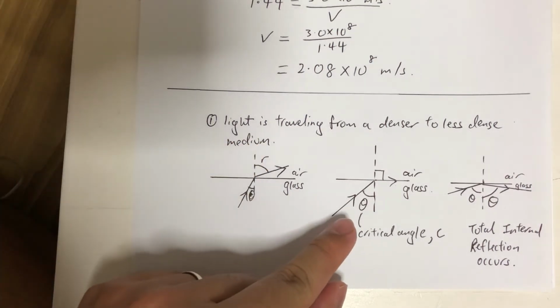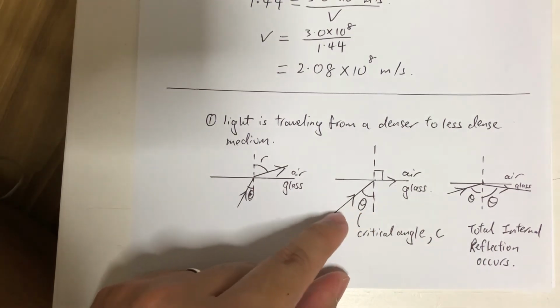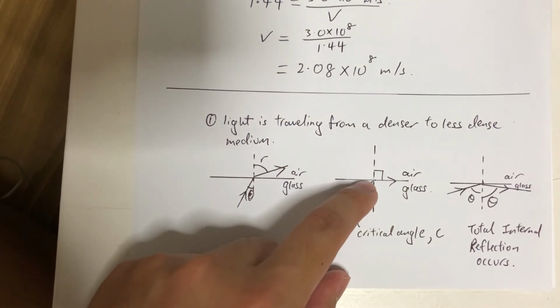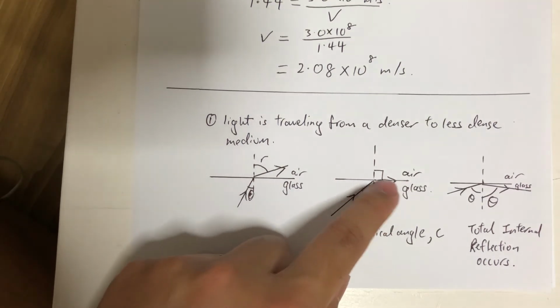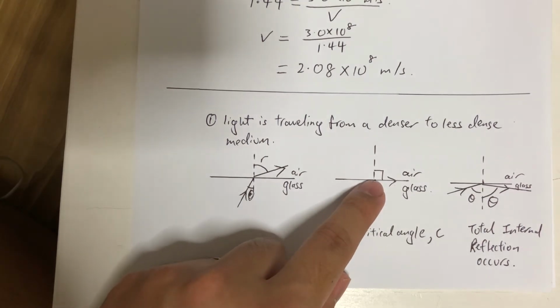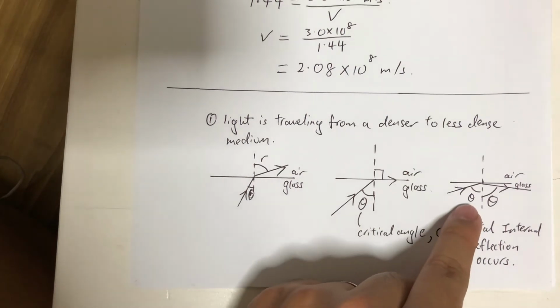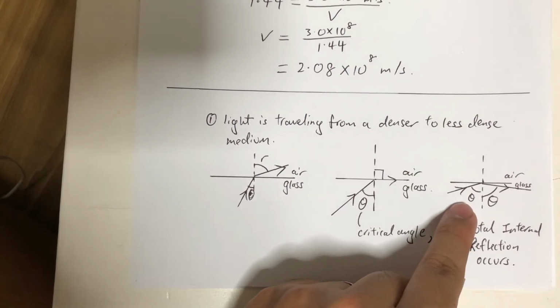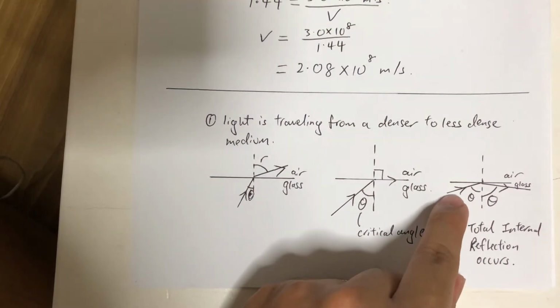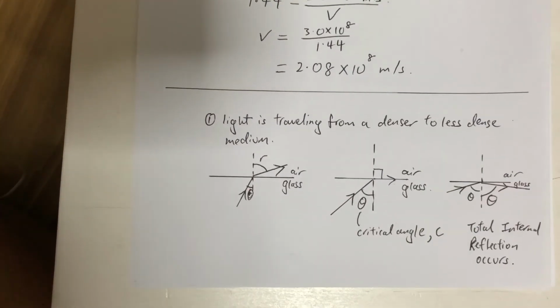And there will come a point in time where at a specific angle called the critical angle in the glass, the light ray will actually cause the refracted ray to travel on the surface or in between the boundary of the air and glass. Okay, this will also mean that the refracted angle is now 90 degrees. If I increase this angle even further, then total internal reflection will occur. Okay, this is a situation where the light ray doesn't exit into the less dense medium anymore.